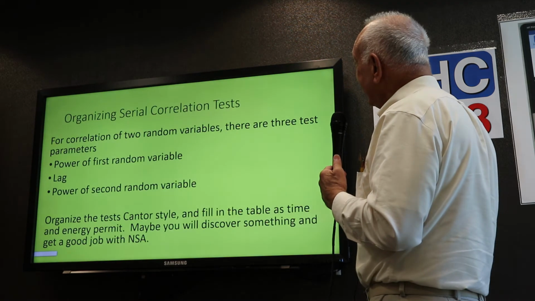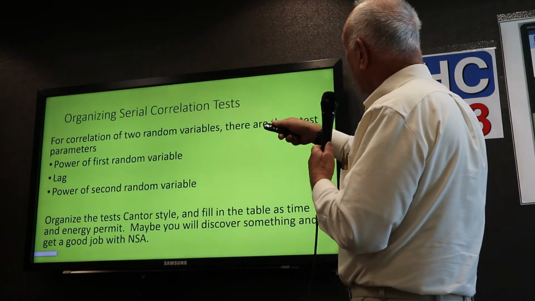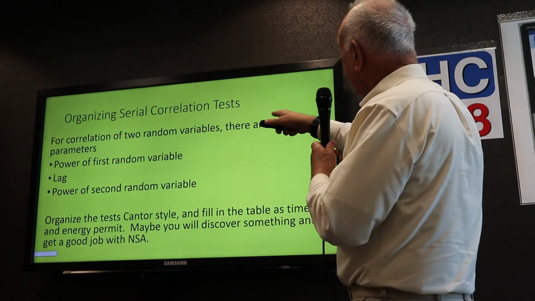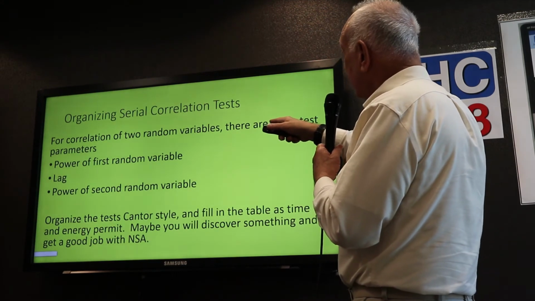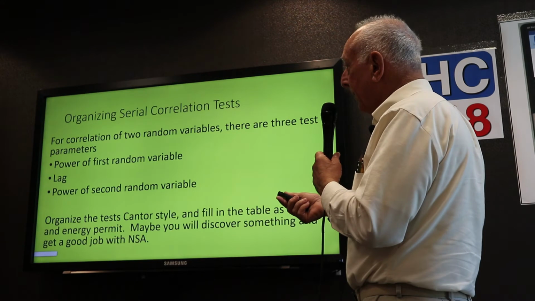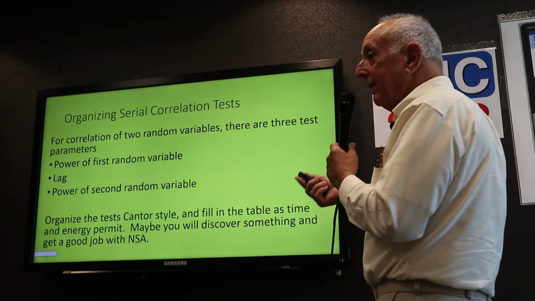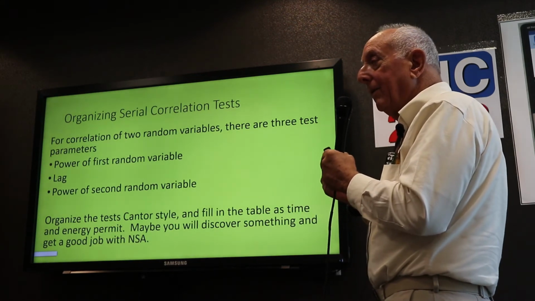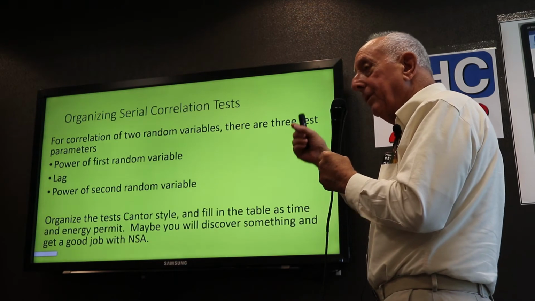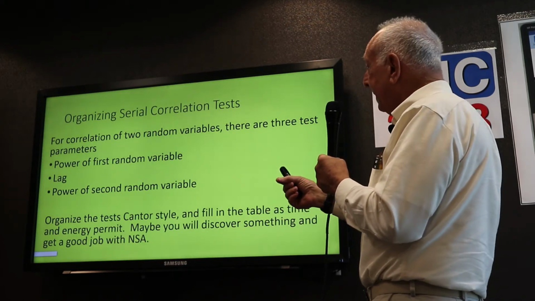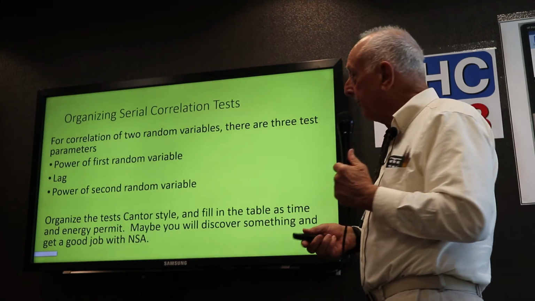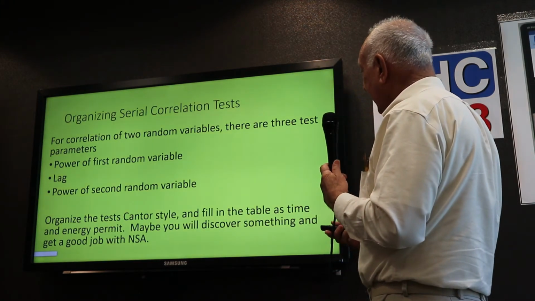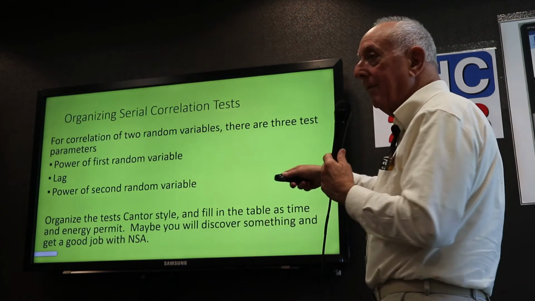Okay, so this is just how you organize them. You see, for a correlation of two random numbers, you can have a power of a random number. You can have a lag: how many random numbers till you get to the second one, and then the power of the second one. So there's really a lot of variables to test for, and there's a thing in mathematics.